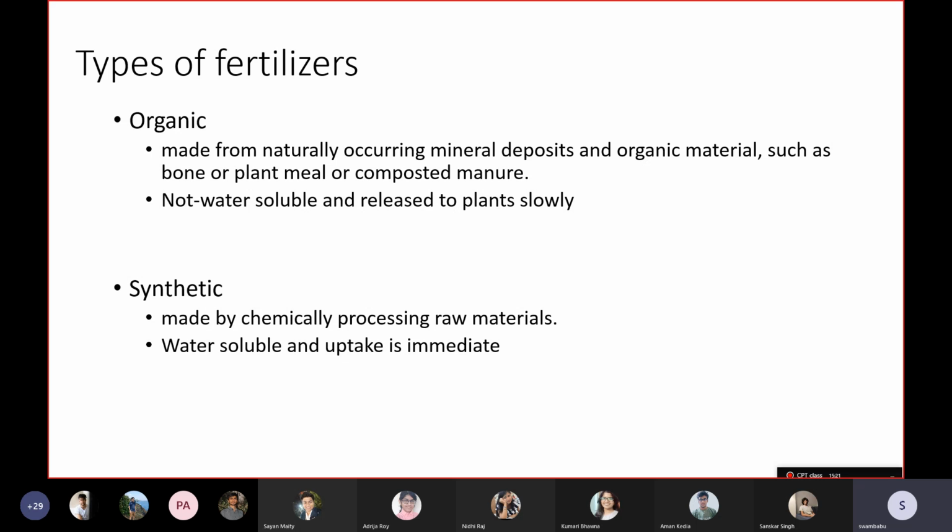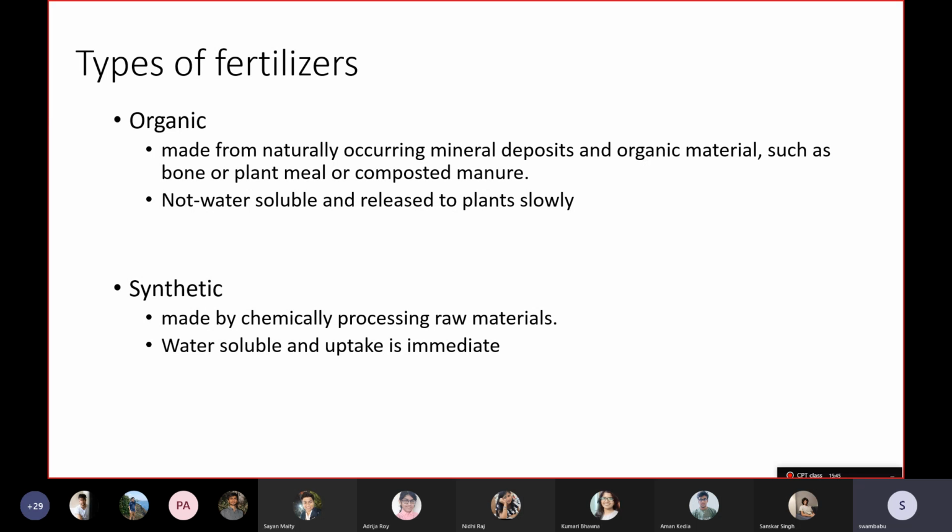The solubility of organic fertilizer is very low. Not completely water soluble, but mildly soluble. Maybe I should put it as mildly water soluble. Okay, I should change it. Mildly water soluble. Since the solubility is very low, the release of the nutrients to the plants is also a slow process.